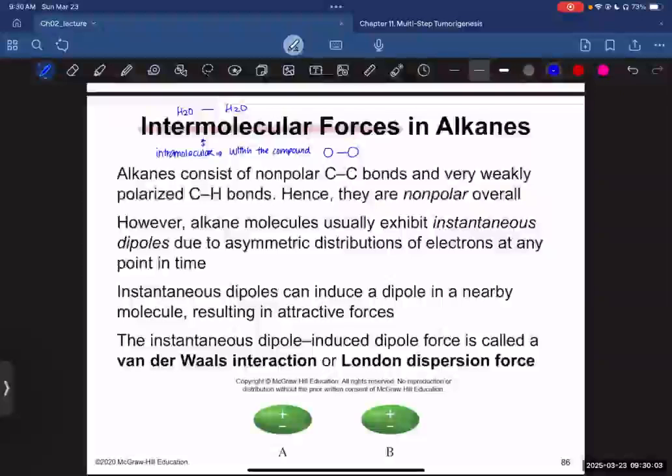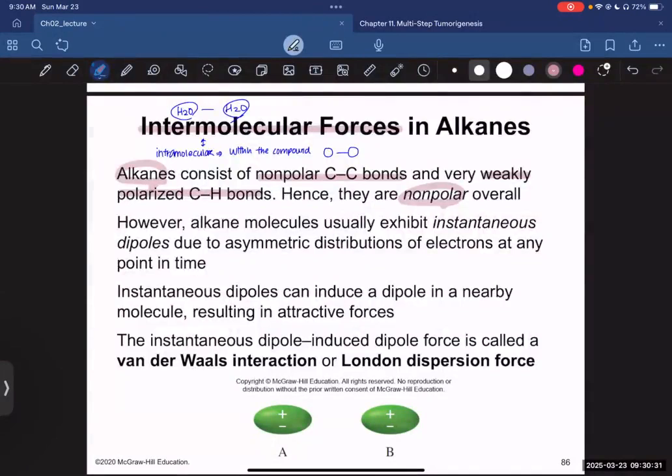What are the forces going on between these different molecules in a solution, for example? If we look at alkanes, they usually have nonpolar carbon-to-carbon bonds, and very weakly polarized carbon-to-hydrogen bonds. And so overall, the entire compound can be seen as nonpolar.